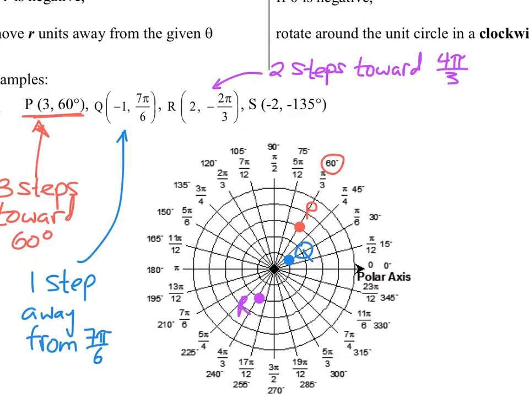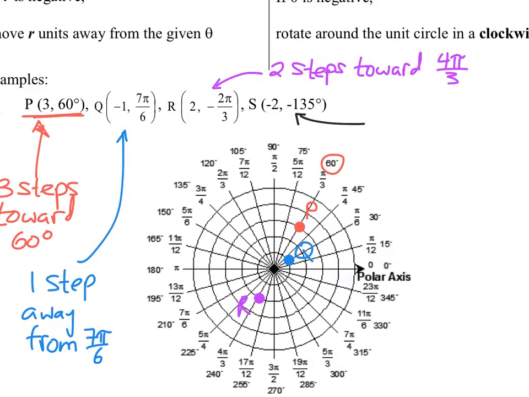Now this one is the double negative situation. So we're going in a counterclockwise direction 135 degrees with my nifty shortcut. It's telling me that I'm really looking at 225. So reflect the 135 over the axis and you have it. But I'm going to take 2 steps away from 225. I used red, blue, black.